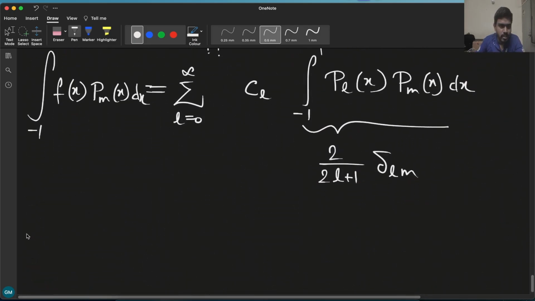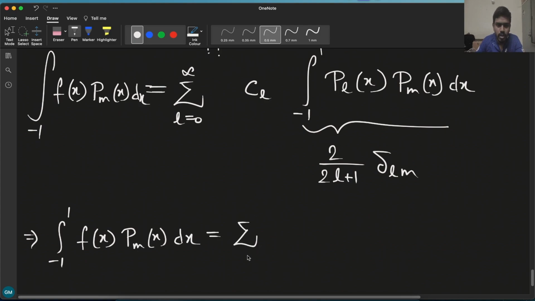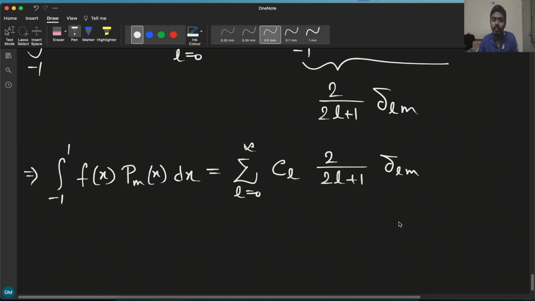So it basically implies ∫ from -1 to 1 of f(x) P_m(x) dx equals the sum over L equals 0 to infinity of C_L times 2 by (2L plus 1) times delta of L m. And what is delta of L m? Delta of L m is a Kronecker delta function.